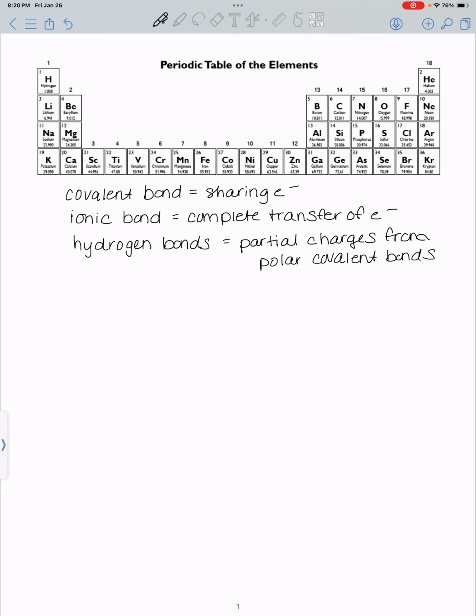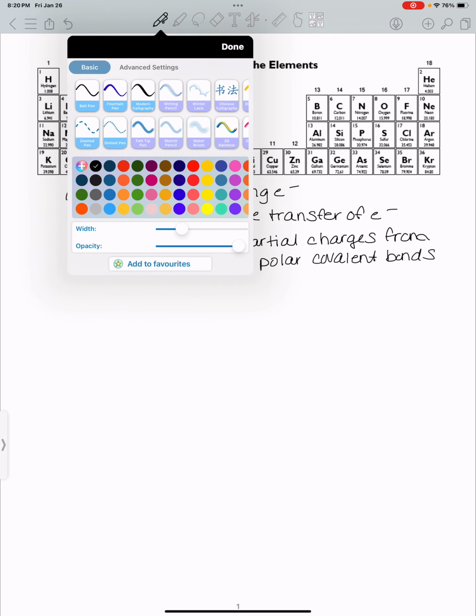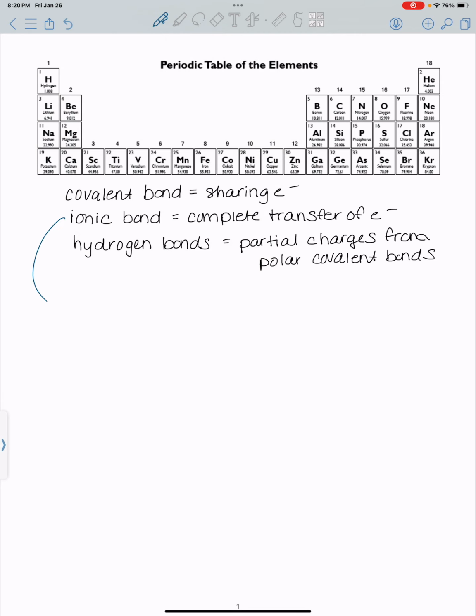When we do a complete transfer, so when we're talking about ionic bonds, table salt is your classic example. Table salt is sodium chloride. If we look at the actual ions themselves, we'll see Na plus and Cl negative, and that would be the ionic bond between these two atoms in table salt.